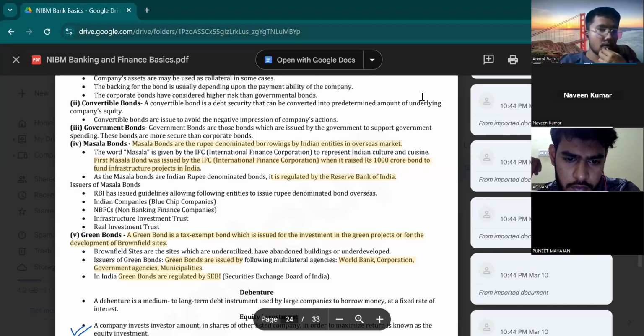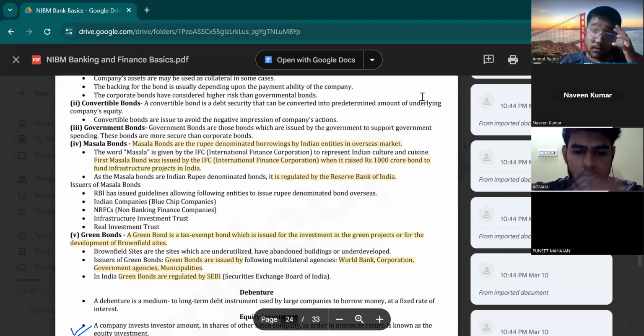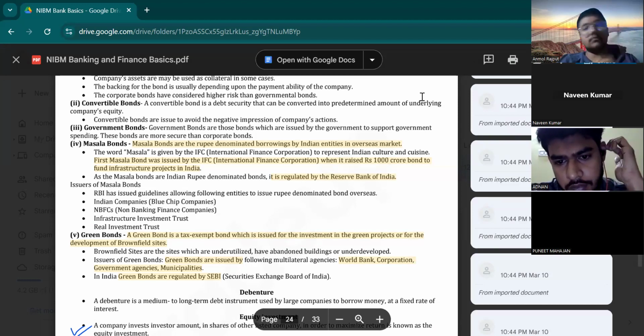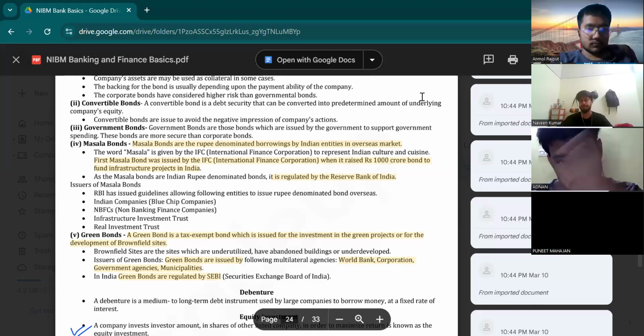But to recognize this, if it has been issued abroad, in a foreign market, if any Indian company issued it, they will represent India by saying masala. Getting this thing, masala bond. This way you can remember it, because masala represents Indian culture and cuisine.